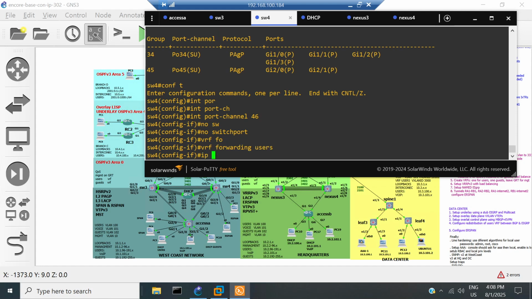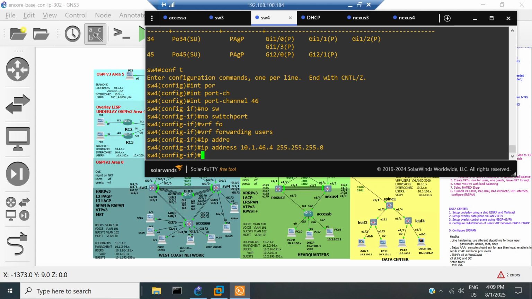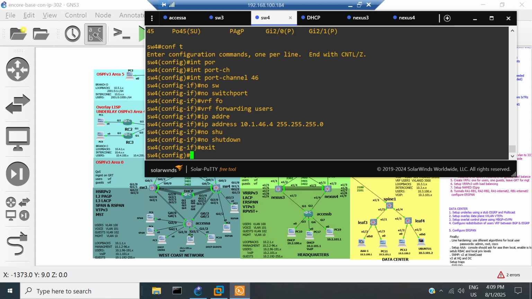I am going to set up this as a layer 3 EtherChannel that belongs to the VRF users. After setting up the port channel, I have to execute the channel group command. 30 to 31.